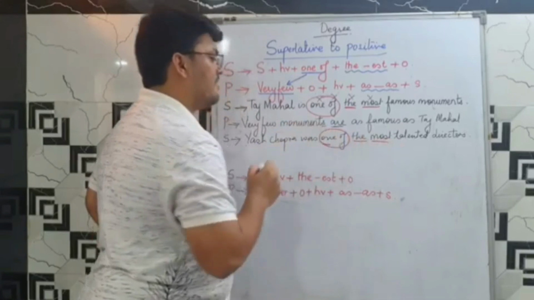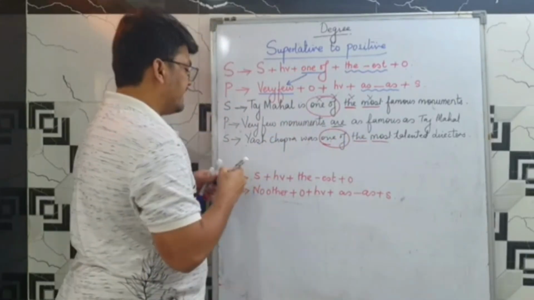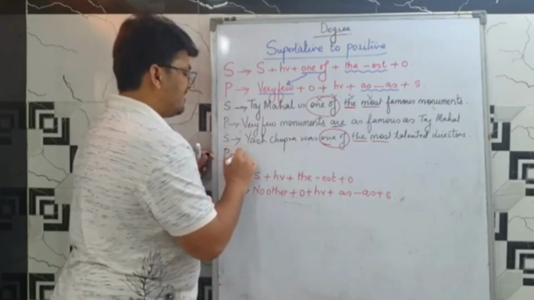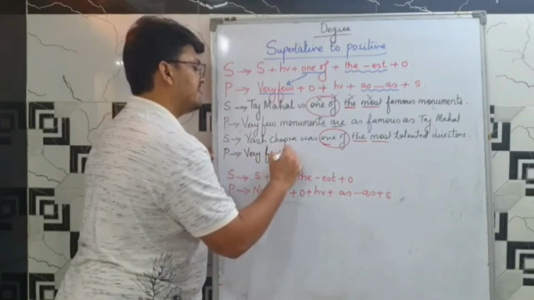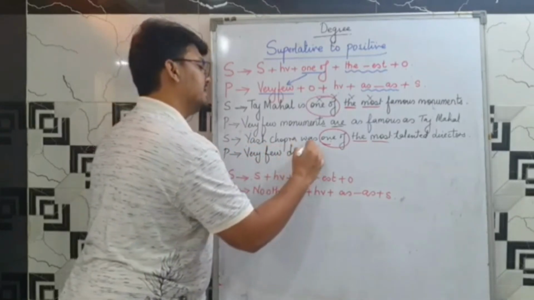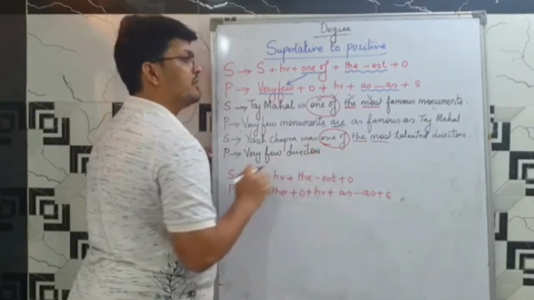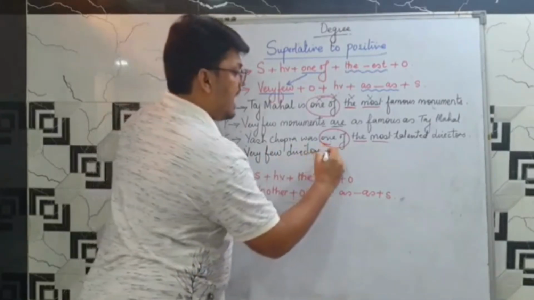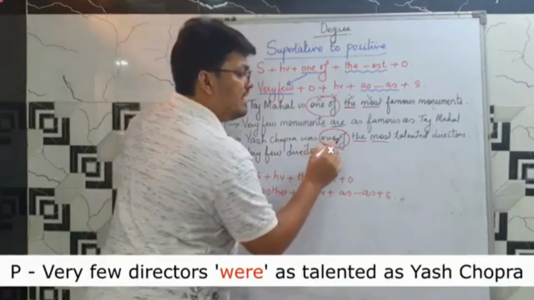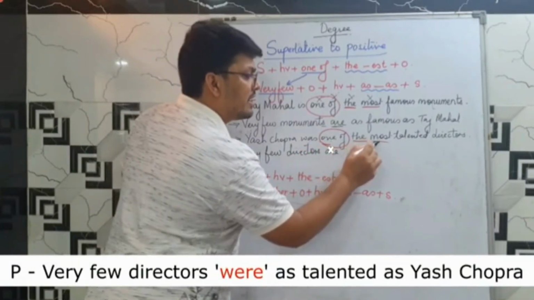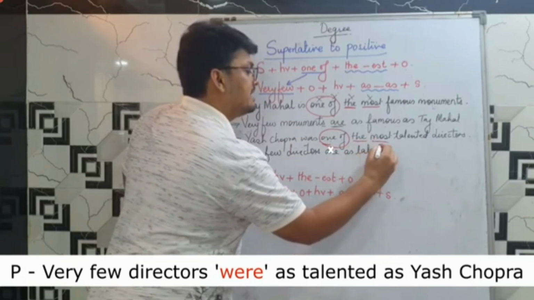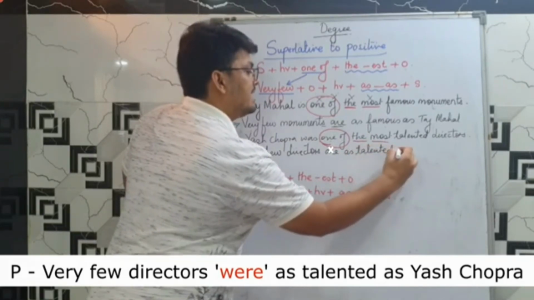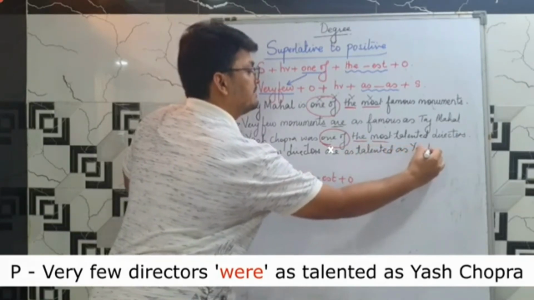So when you see one of, start the positive degree with very few. So very few directors. Very few directors. Remove one, remove of, remove the, remove most. As talented as Yash Chopra.